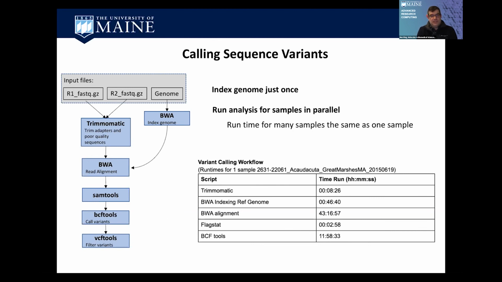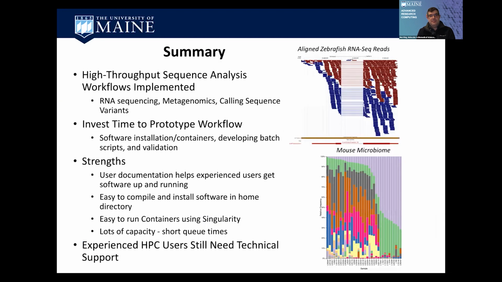So what I've tried to do is to give you a sense of some of the high throughput sequence analysis workflows that we've implemented for RNA-seq, metagenomics, and calling sequence variants. And there is time that one has to invest to learn how to use a Linux cluster.